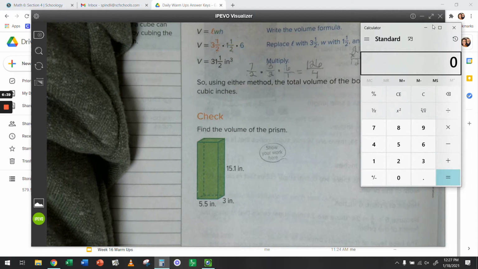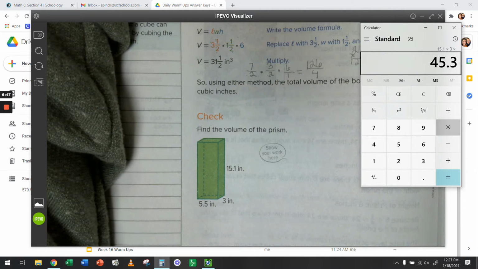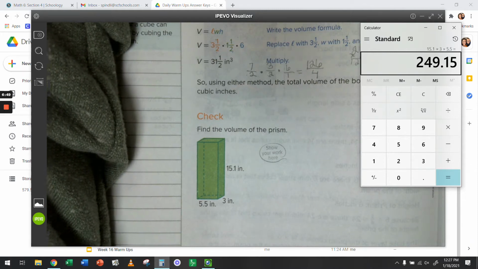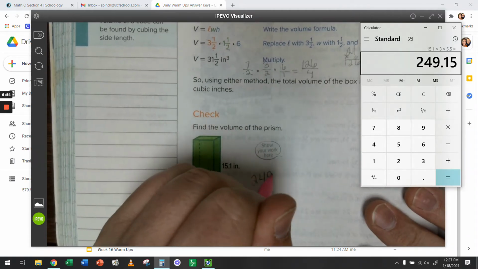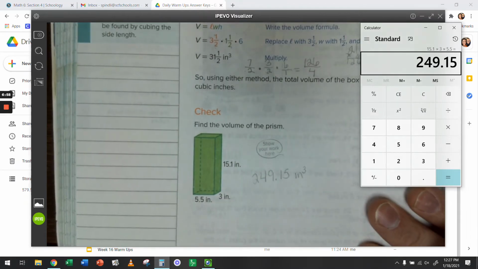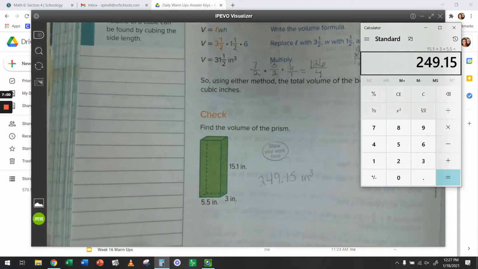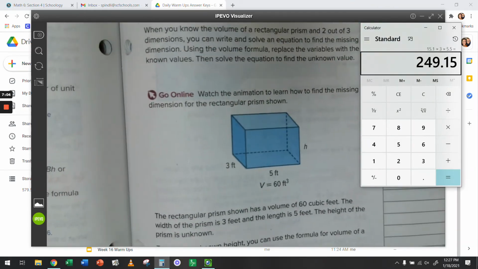All right, so if we were going to solve for the volume of this prism here, 15.1 times 3 times 5.5, you should get an answer of 249.15 inches cubed.